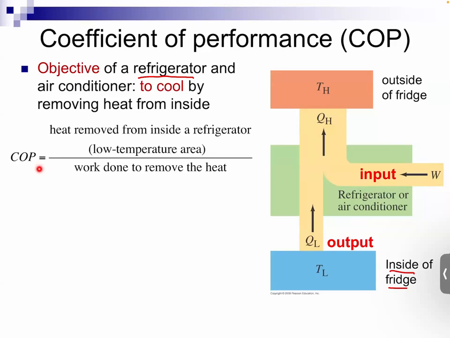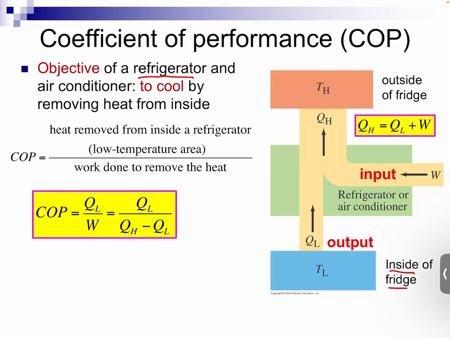So the coefficient of performance is defined as the output, which is the heat removed from inside the refrigerator, divided by the input, which is what we want to do in order to achieve the output, and that is the work done to remove the heat.